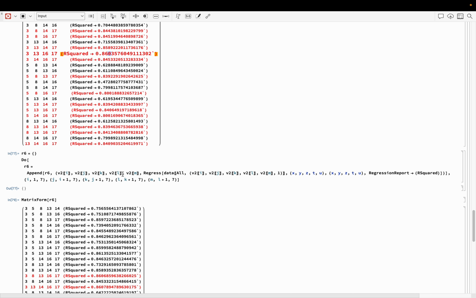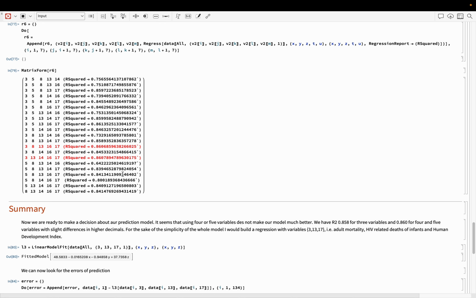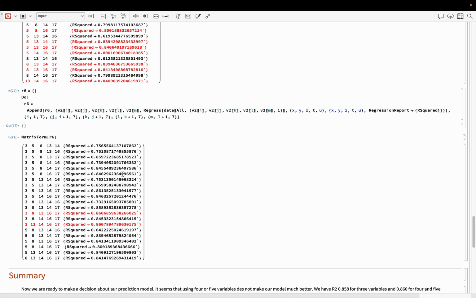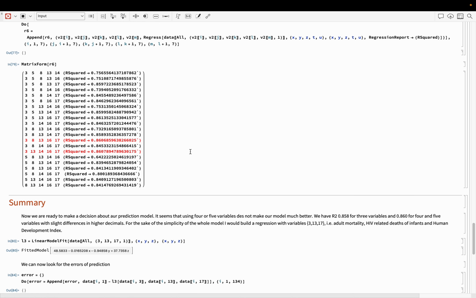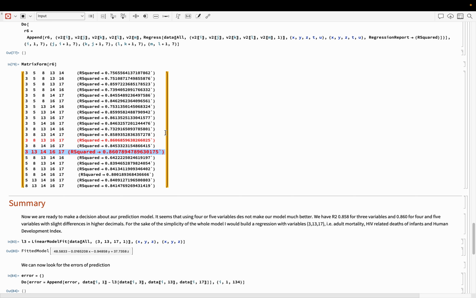And then we proceed to 5 independent variables, and we see that again 3, 13, and 17 with some additions. Which one is the best? This one is the best. I can make it bigger as previously. This one is the best, but again the difference is very, very small.